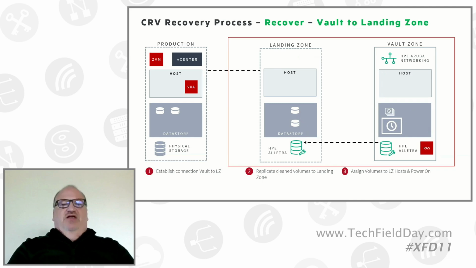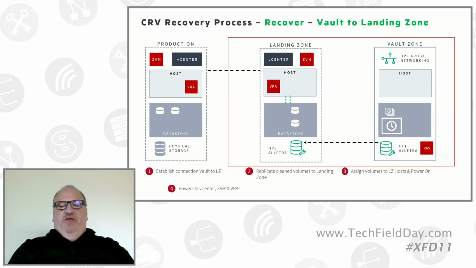We're going to then assign the volumes to the landing zone hosts. Remember, this data came from those hosts. We've already applied the config that matches the time of this snapshot. So now we simply power on the vCenter, the ZVM, and the VRAs. It takes about a half hour, 40 minutes for them to come up and shake off the cobwebs.